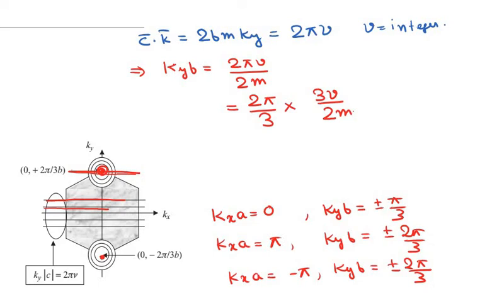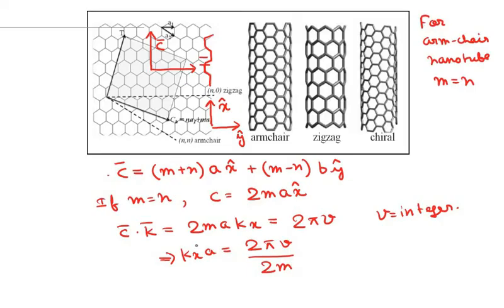And if we look at this expression, for v equal to 0, kx a is equal to 0.